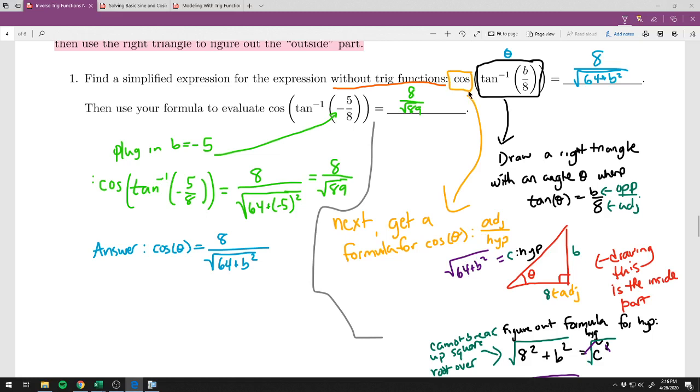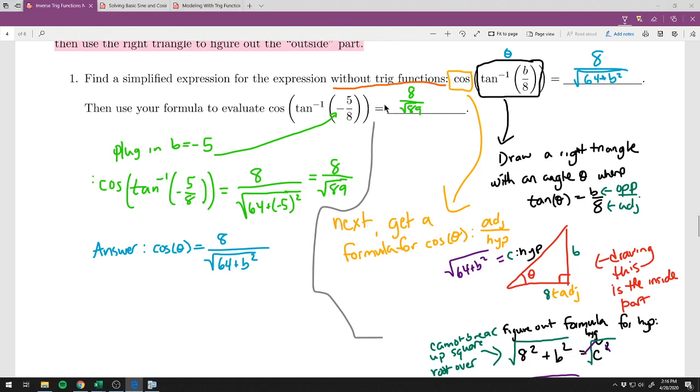Then since we have cosine on the outside here, we do cosine of theta, which was adjacent over hypotenuse, and we write that down and plug in our formula. Then the second part, how you actually deal with numbers, is just like this. You take your formula, you plug in b appropriately.